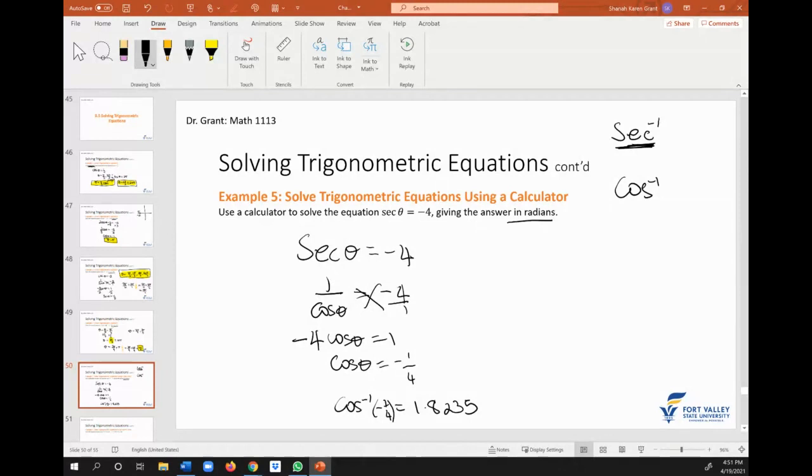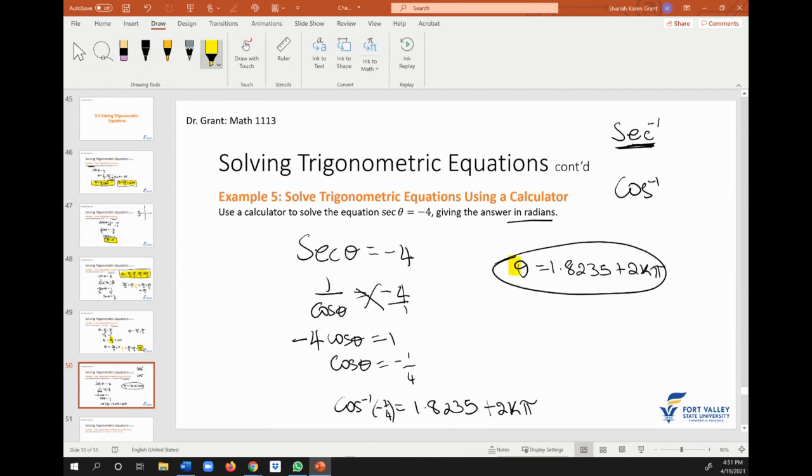So that means we're going to do a revolution. So for every revolution where k is an integer, this solution holds. So this will be our answer. So that means that theta equals 1.8235 plus 2k pi.